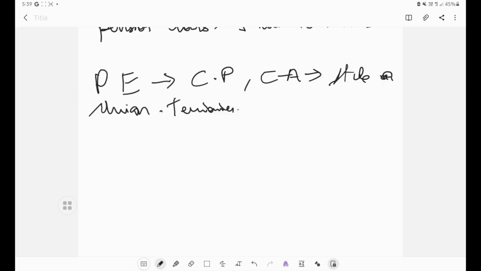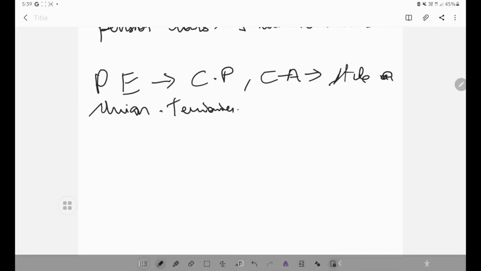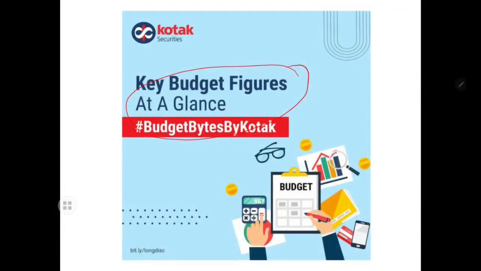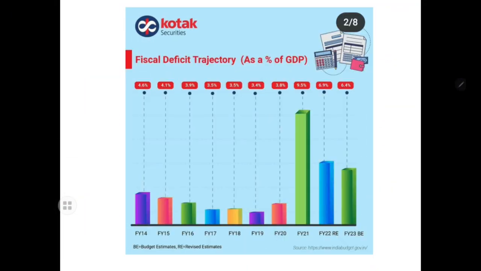Let's continue with our PPT now that we have got all the concepts clear. Figures at a glance by Kotak Securities. I have taken the premium membership, so I am enjoying the benefits.